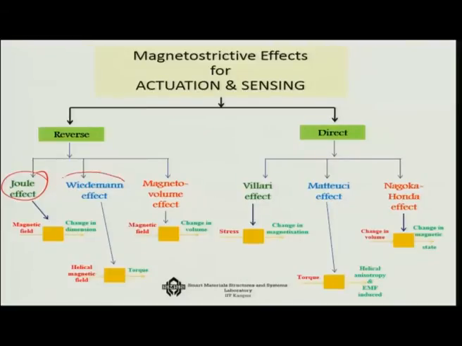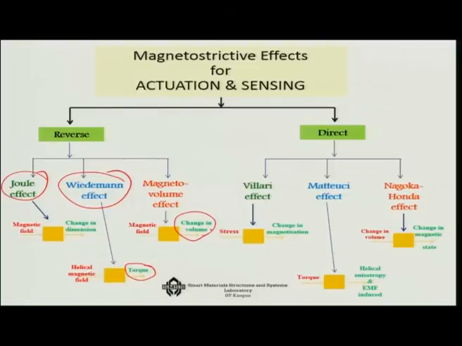Then there is this Wiedemann effect, in which he showed that if the magnetic field is helical in nature, then it will not create length change, rather it will create torque. And then the magnetovolume effect, in which if you change the magnetic field, you are going to see a good change in the volume of the system.